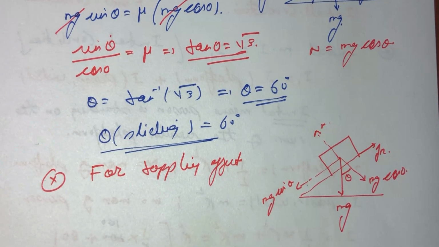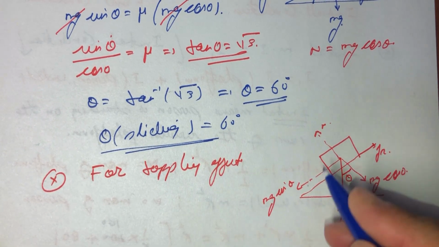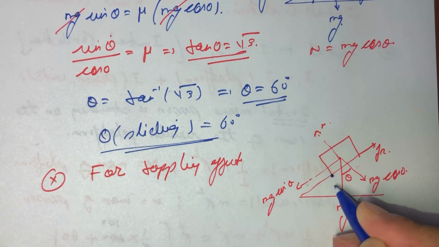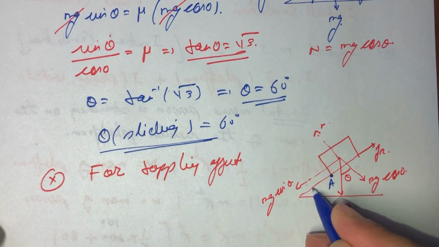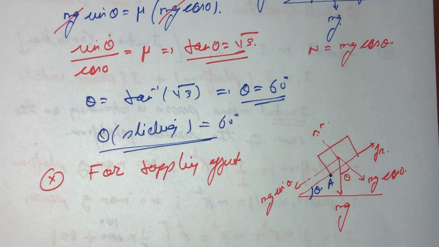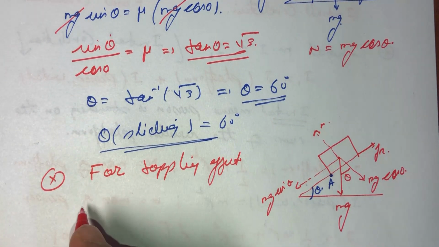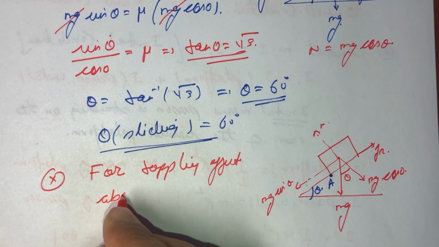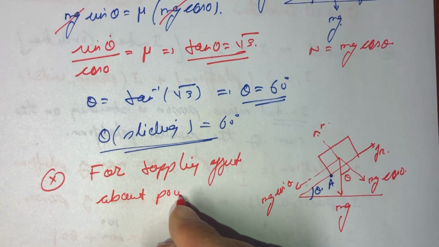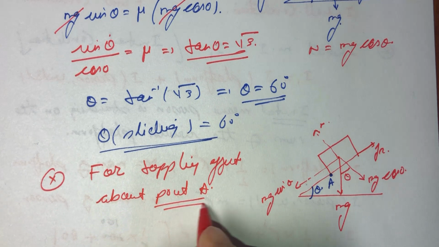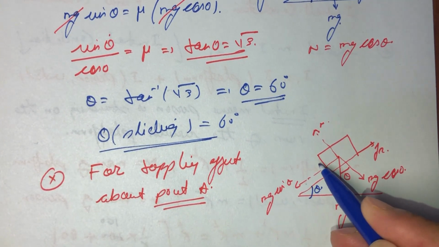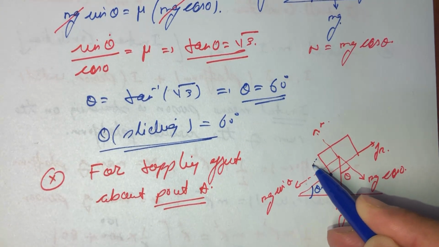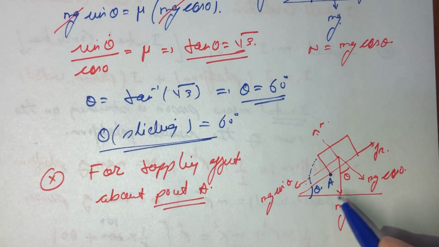Now we assume that this block topples about this point, and let this point be called A. This angle is theta. So we say toppling effect about point A, and it will try to topple about this dotted line, something like this.